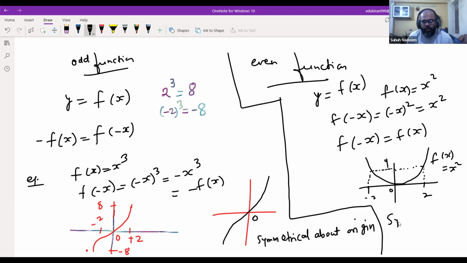So this is symmetrical about the y-axis. So this type of function is called an even function, right?